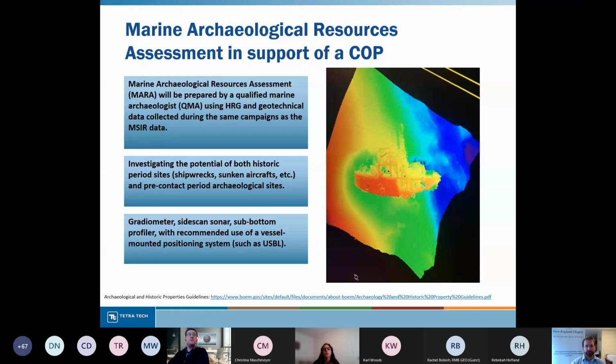So the survey contractor will pass the data off to the QMA for them to write the MARA. A MARA assesses both the potential historic period sites, so what you would expect, shipwrecks, sunken aircraft, if you're inshore, maybe the remains of a sunken structure, as well as pre-contact period archaeological sites, so things like paleo landscapes.